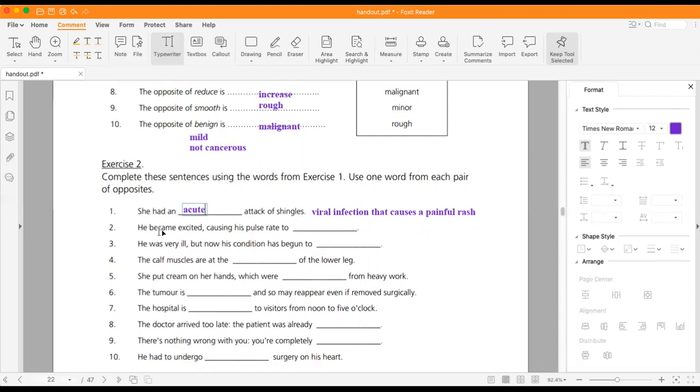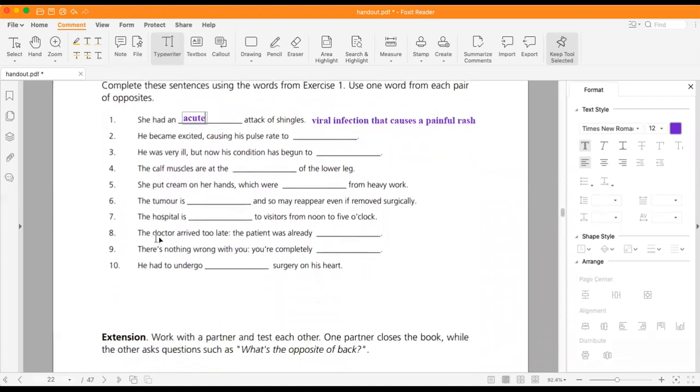All right. He became excited, causing his pulse rate to increase. When we are excited, our pulse rate, what happens to them? They increase. He was very ill, but now his condition has begun to improve.